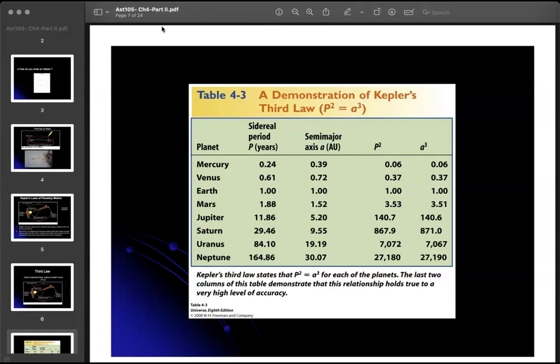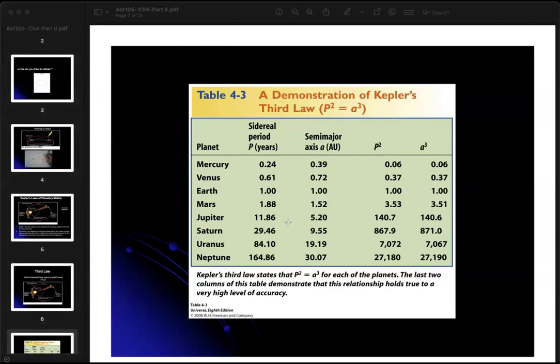So if this is the elliptical orbit, then about this is the semi-major axis, and it is denoted by A.